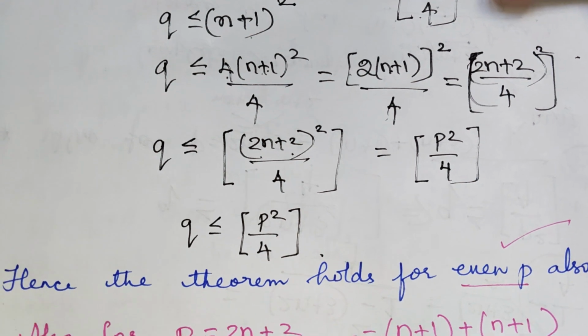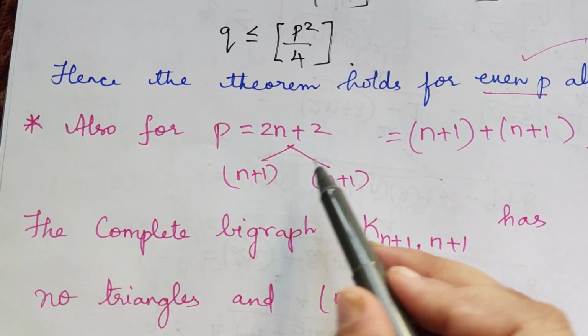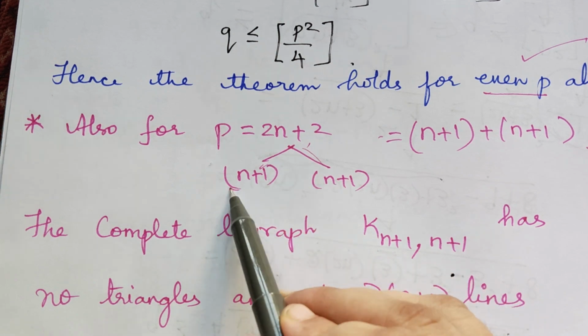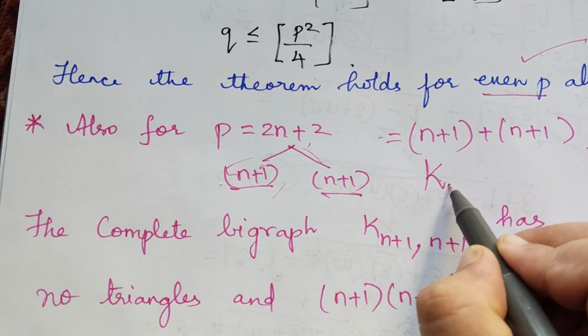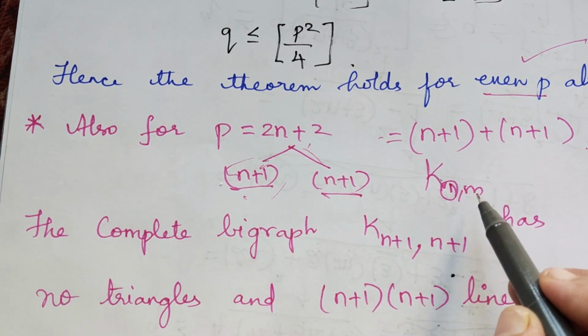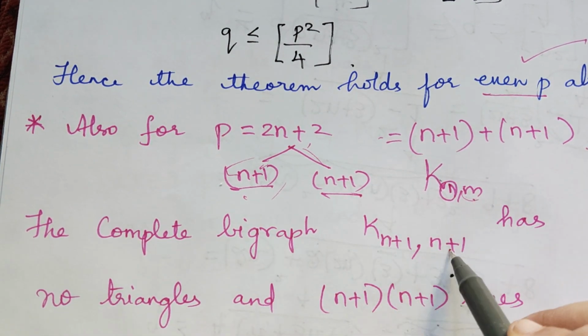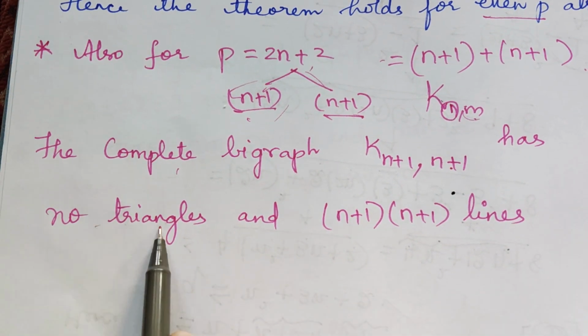Now for one particular value of p, which is equal to 2n plus 2, we should take, and it can be partitioned as n plus 1 vertices, where it will be like K n comma n, where the first set has n plus 1 vertices and the second set also has n plus 1 vertices. So it's a complete bipartite graph, and it will have no triangle of course.